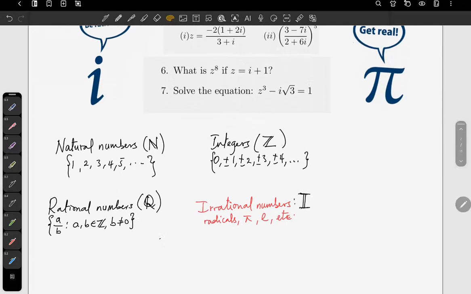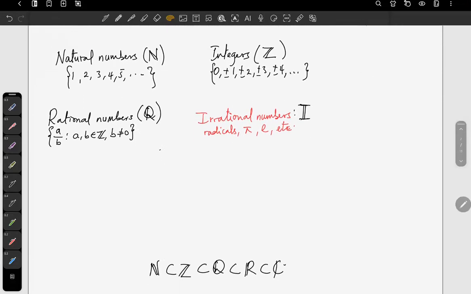And we learned that the number system with which we started mathematics, or numeration, is the set of the natural numbers. They are just the whole numbers. Then we know about the integers, the positive and negative whole numbers, including 0.